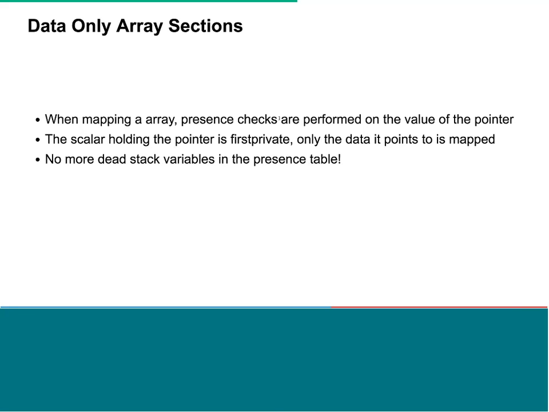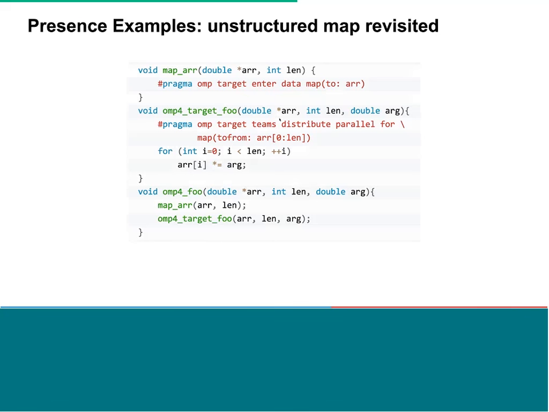And now we avoid the problems that just came up with unstructured data. There are no more dead stack variables in the presence table. Well, unless it's explicitly requested, and, well, there's not much we can do about that.